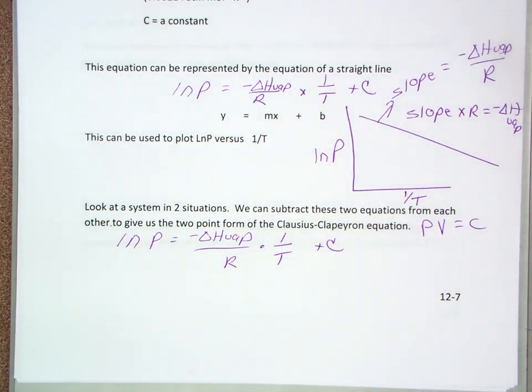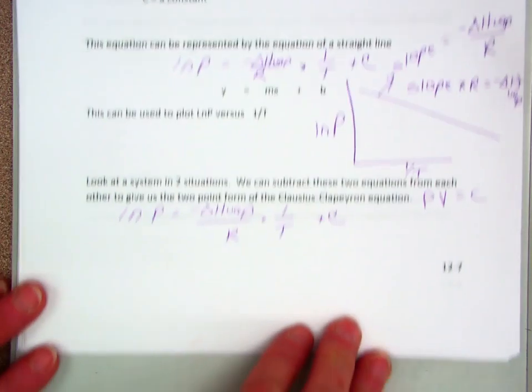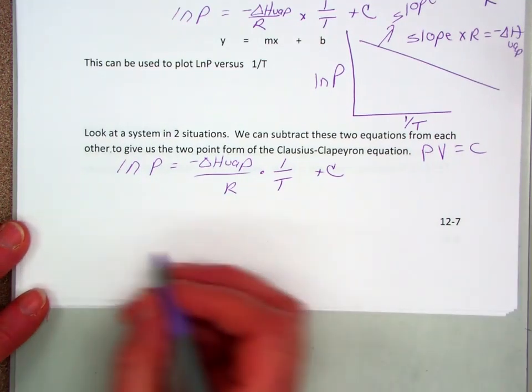So what we have to do is to subtract these. Now, I would be happy to demonstrate to anyone how to subtract simultaneous equations if you like to see that at some later time. But due to the interest of time, I'm going to just show you what the two-point form looks like. If you want to see me do the algebra, I'll be happy to do that for you after class.